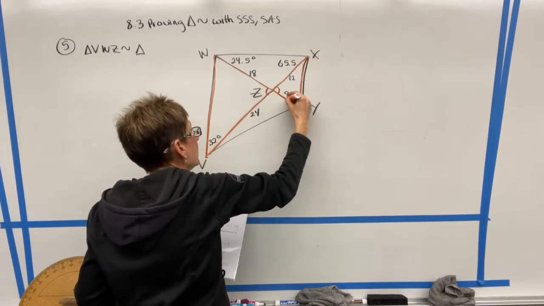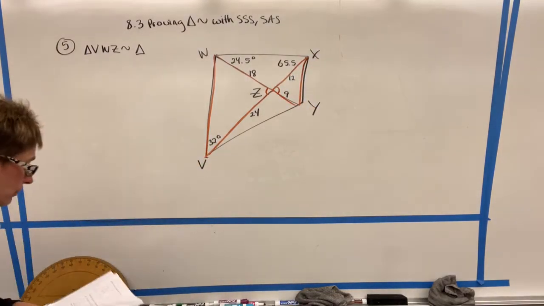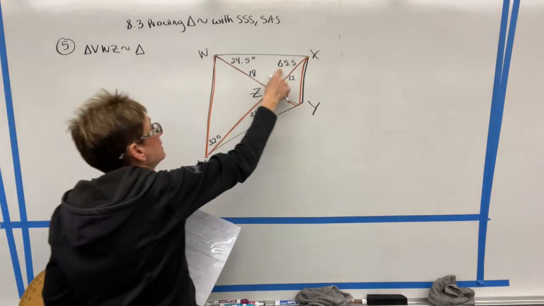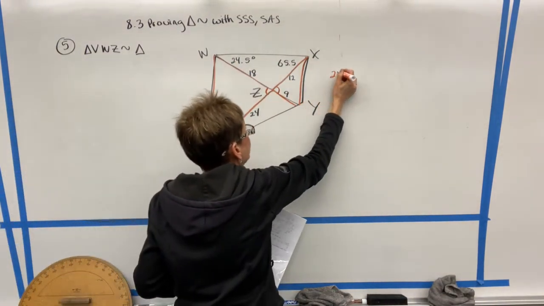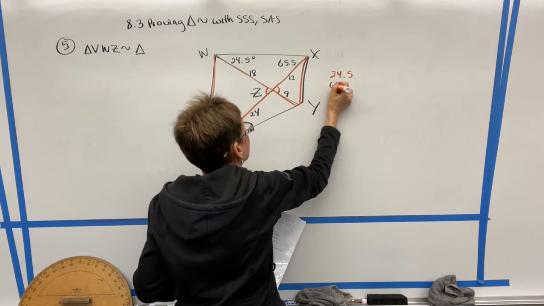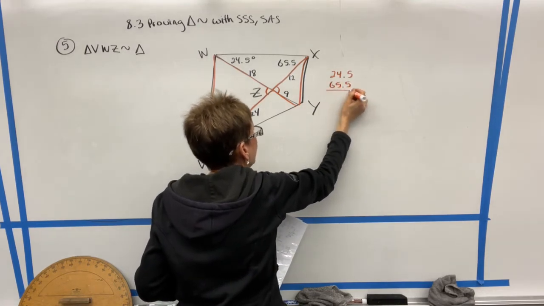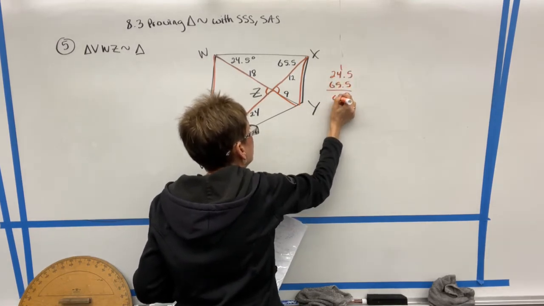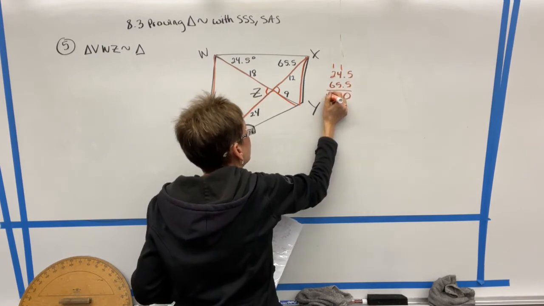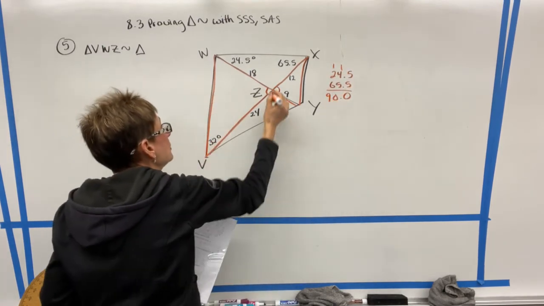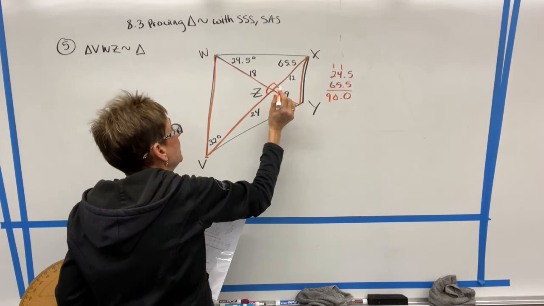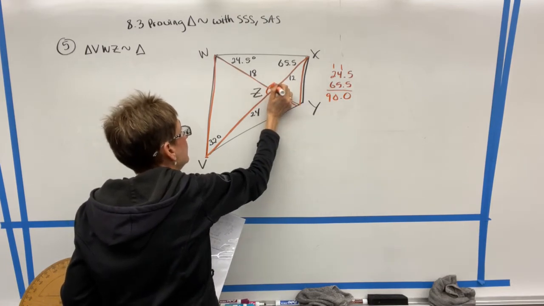And we can check to make sure that the other angles are congruent by adding these two together. If I take 24.5 and add it to 65.5, that's 90 degrees. So that means that this angle here would be 90.